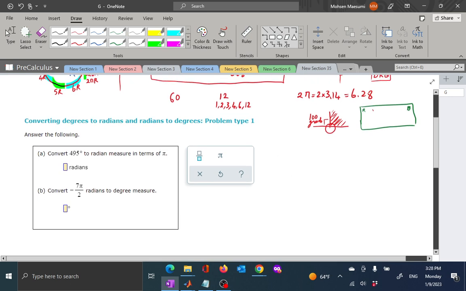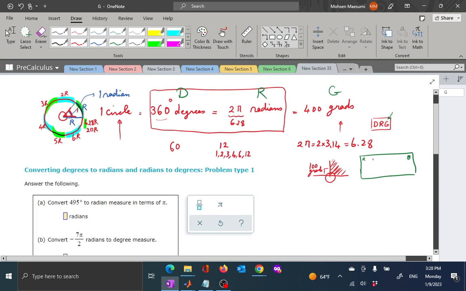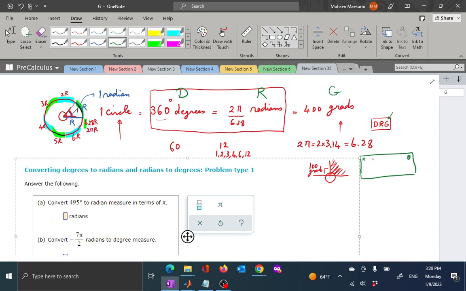How do we convert? Well, we convert by using this formula that we have here, 360 degrees equal to 2 pi radians. So if I have degrees and I want to measure in radians, what do I do? Say 495 degrees. One way to ask yourself is, how many circles is that?